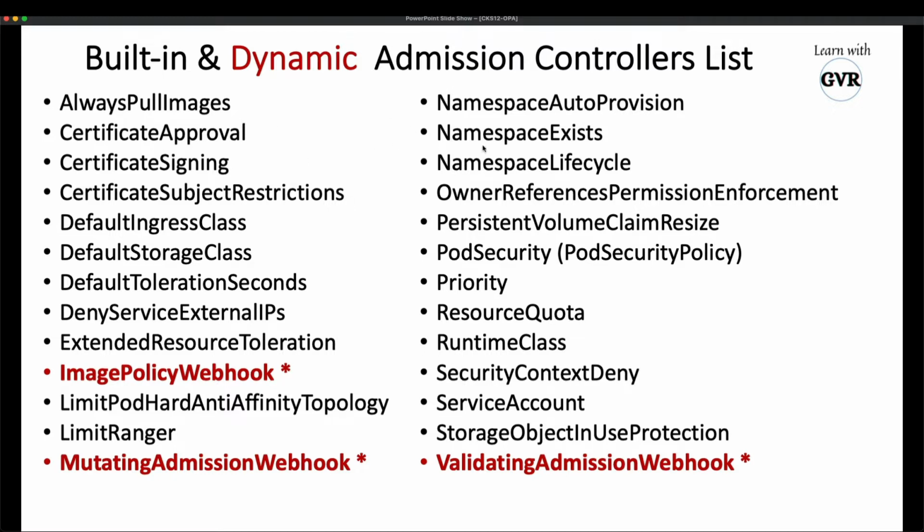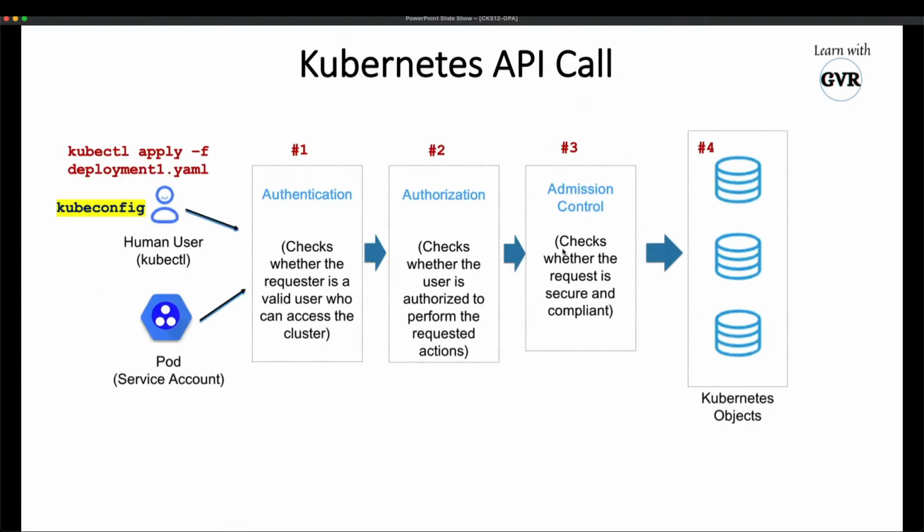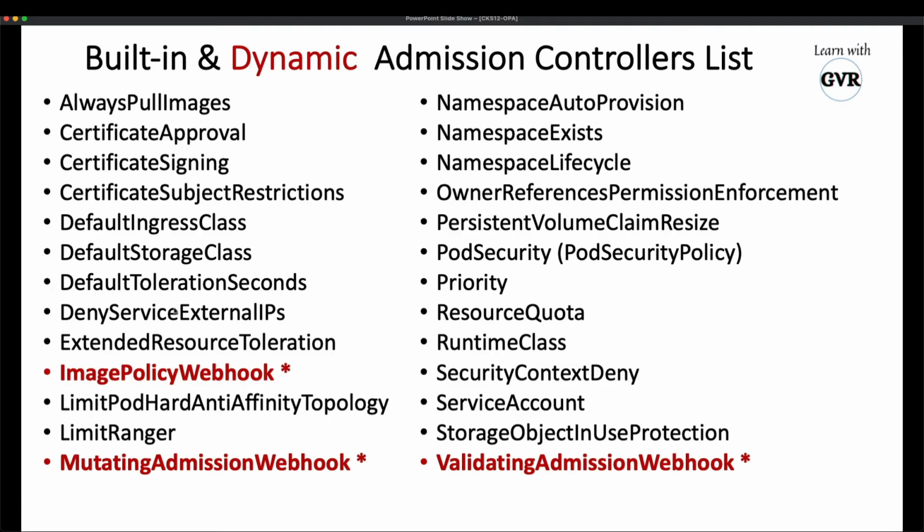Basically, in Kubernetes there are many admission controllers which come into the picture. Out of these, some are built-in admission controllers and some of the controllers are dynamic. The red color which I marked are the dynamic admission controllers, and the rest are built-in, for example always pull images.